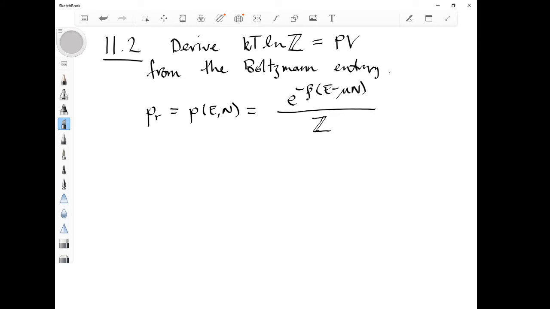And we have our entropy. S is equal to minus k sum over P_i ln P_i.